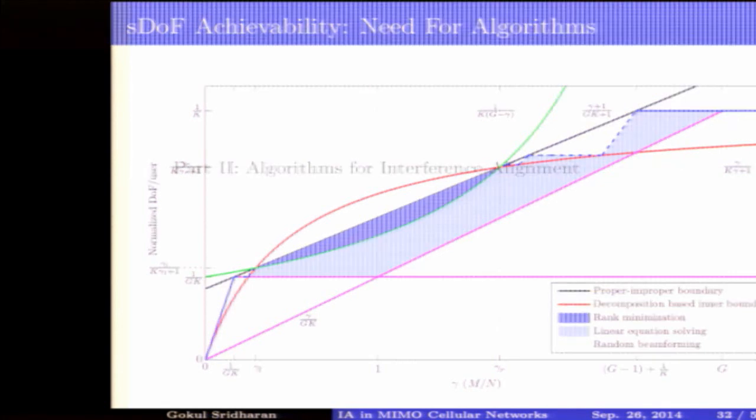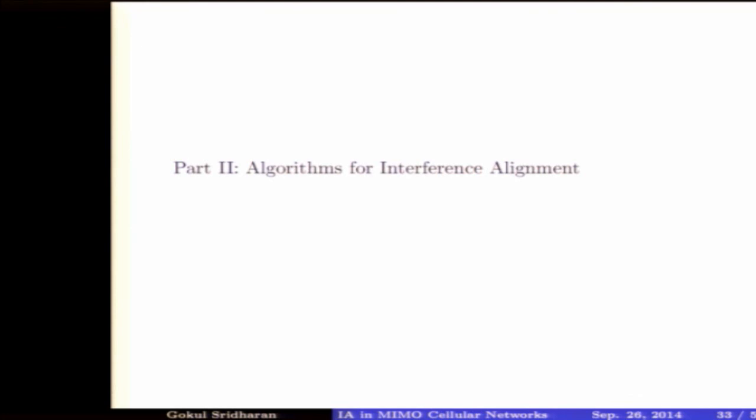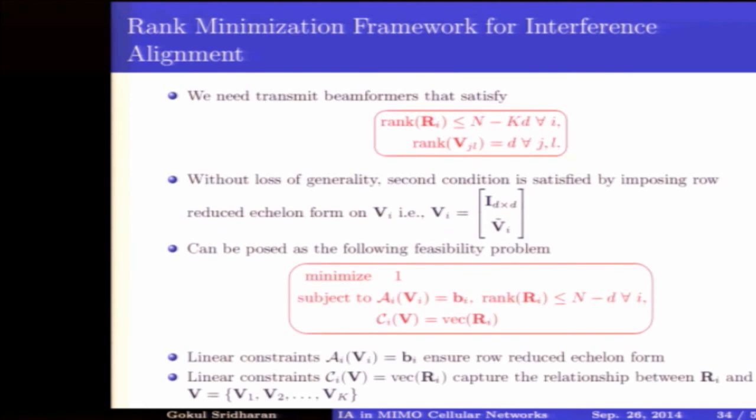I'll briefly touch upon what we have been able to accomplish with regard to algorithms for interference alignment. It again stems from this alternate perspective on interference alignment. What we really need is for the matrix consisting of the interference vectors to satisfy a certain rank constraint, while ensuring that the transmit beamformers have full rank D. Satisfying this particular condition is pretty straightforward.